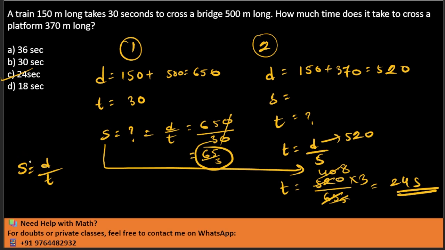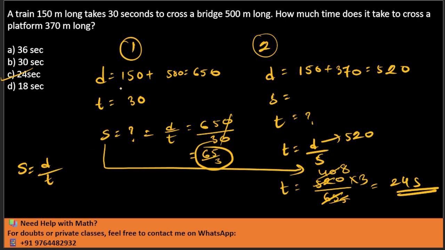Whenever we have one component constant, I'm repeating it again, whenever we have two scenarios or two cases, and in these two scenarios one thing is constant or same, and that is the speed.